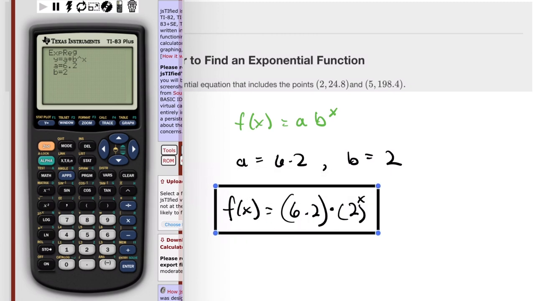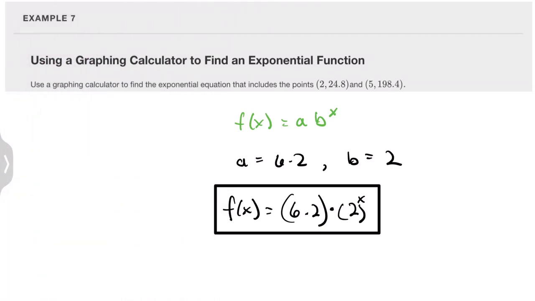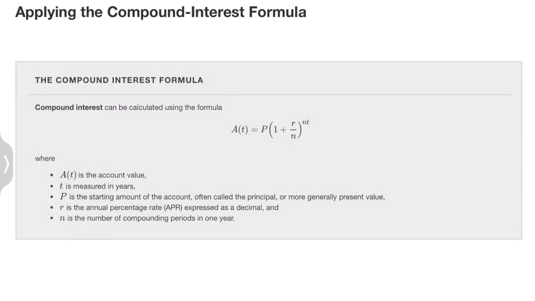That was interesting. The compound interest formula can be calculated using this.